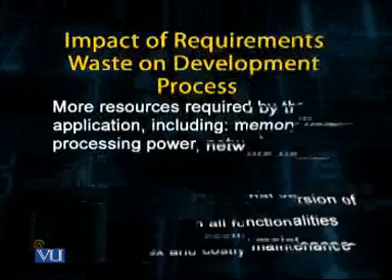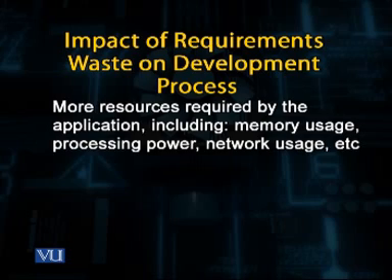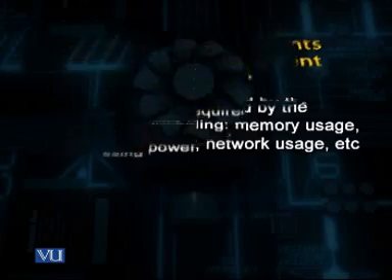And so more resources are required by the application, including computer resources like memory usage and processing power and network usage and so forth, which are again not needed by the customer, but just put into the product as a feature gimmick. So we need to find that waste, we need to eliminate that waste as early as possible so that it does not go into the programming practices.